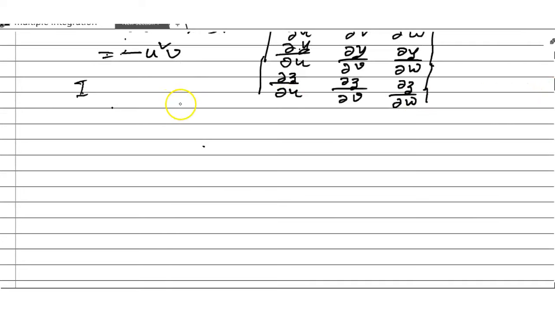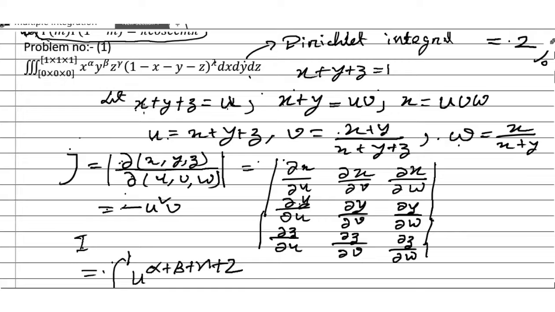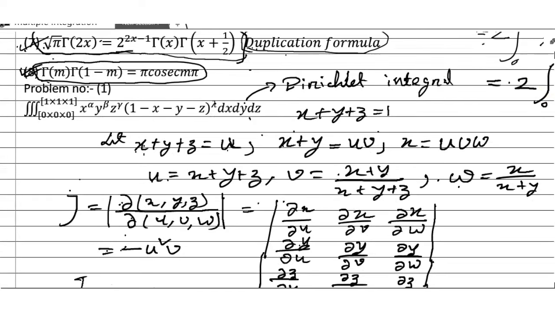So friends, I equals 0 to 1, u to the power alpha plus beta plus gamma plus 2. Why? Because friends, you will see, just putting the value of x, y, z.